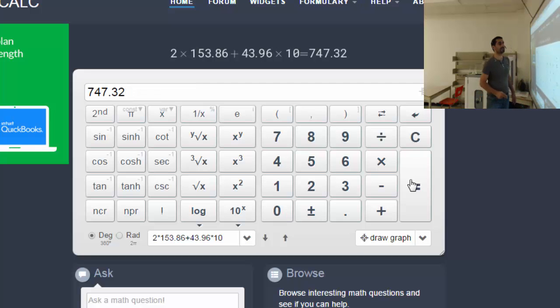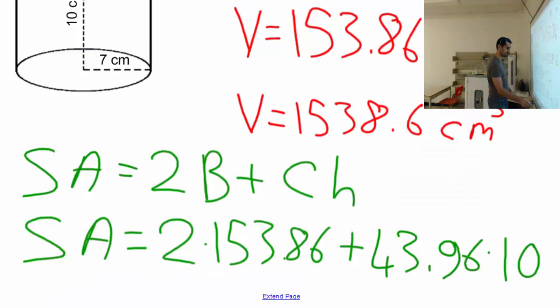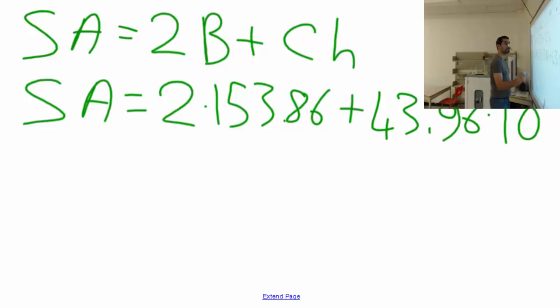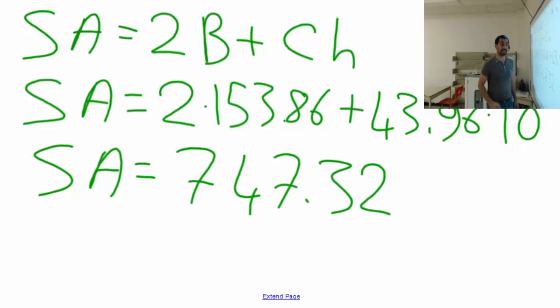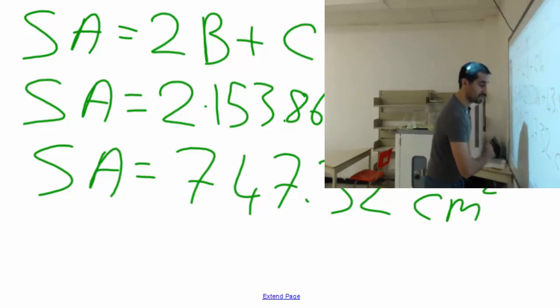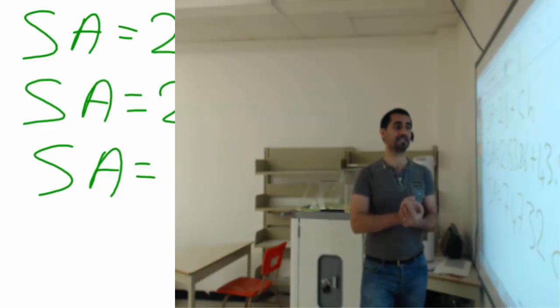That would give me 747.32. 747.32. Surface area, the unit would be centimeter square. All right, let's practice.